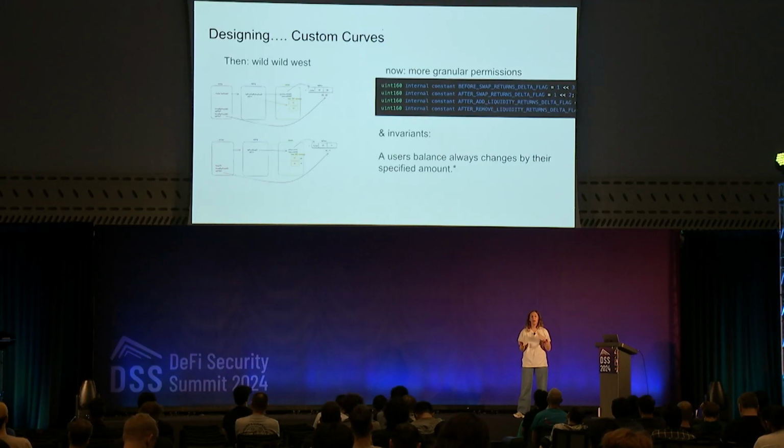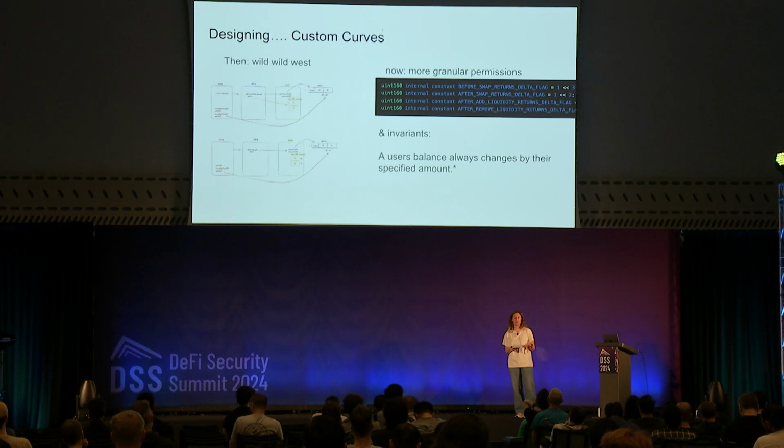One of the key things I was talking about in the previous slide was making these permissions more granular. In the old design, we had one flag: any hook with a custom curve flag could have this permission. In the current design, which I'm much happier with and which really prioritizes user safety, we have much more granular permissions.